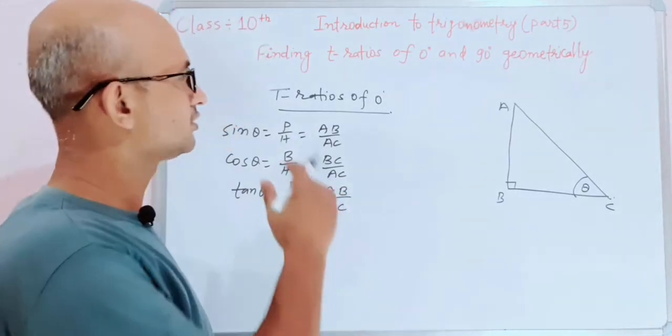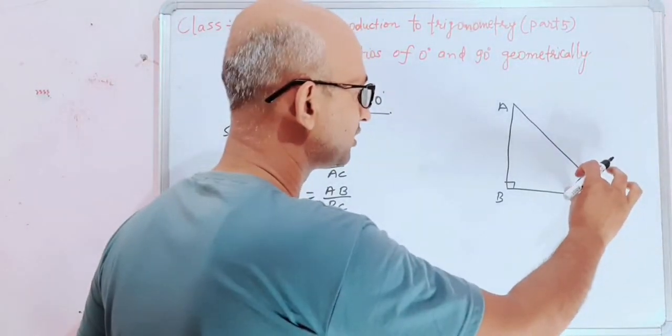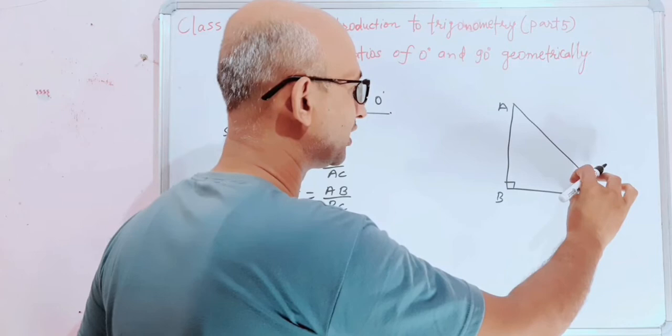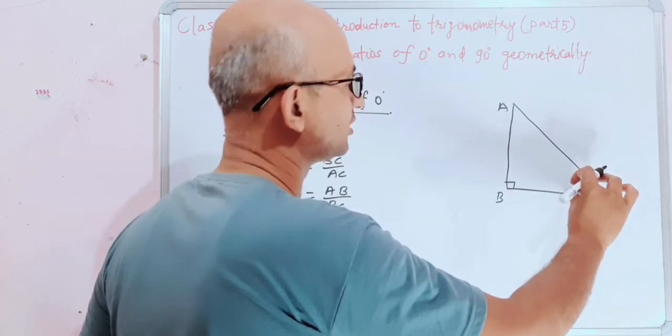Now, to find trigonometric ratios of 0 degree, we have to make this theta 0. For that, we need to decrease theta gradually.